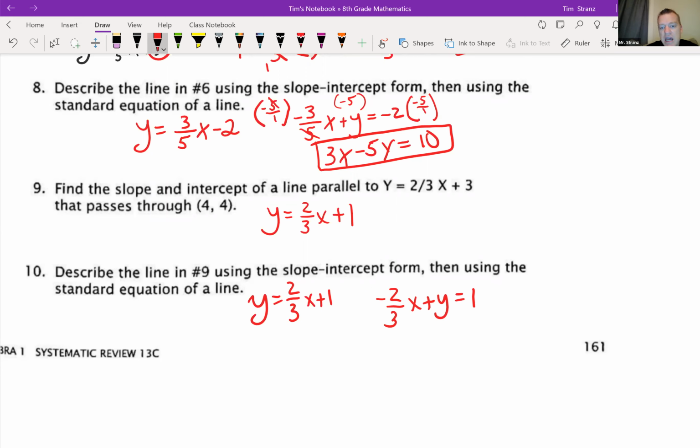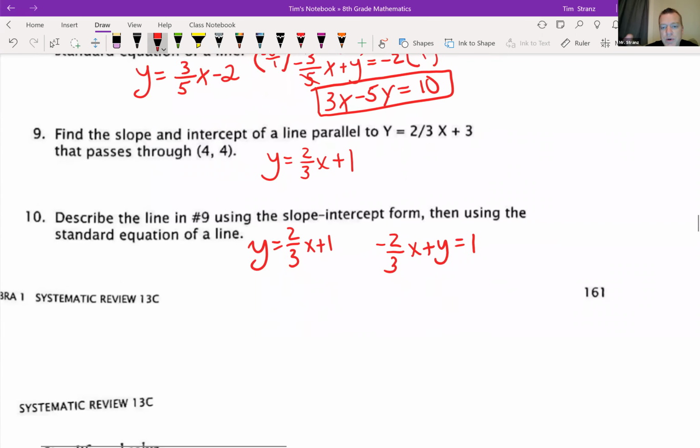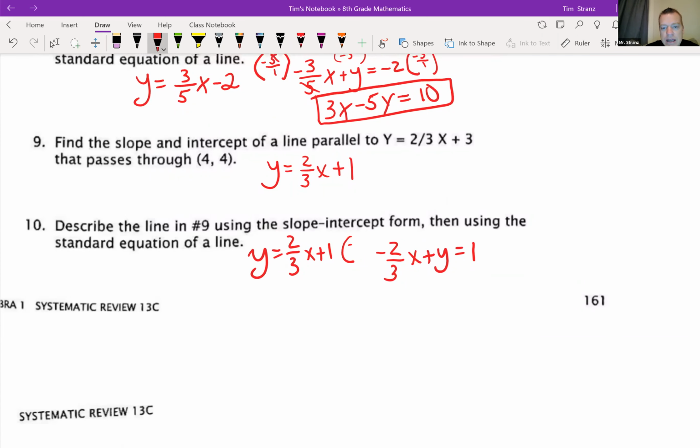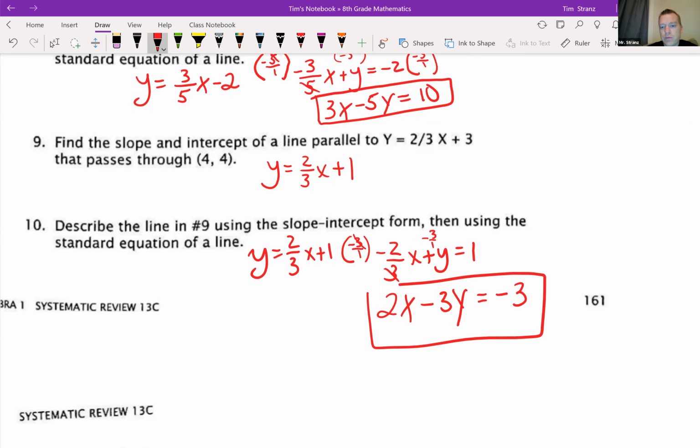Again, I cannot have a negative fraction as A, so I'm going to multiply everything by -3/1 to get rid of that denominator. So these cancel out, and I have a -1 times -2 is a +2x. I have to multiply each term by -3, so now this becomes a -3y. My equals -3, and now that's in standard form.